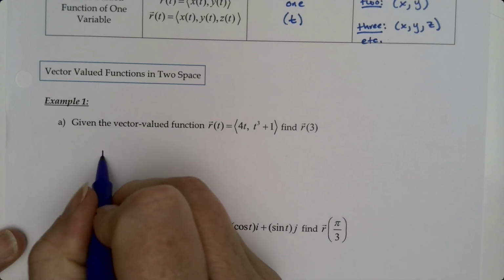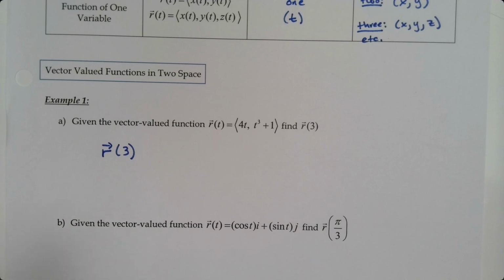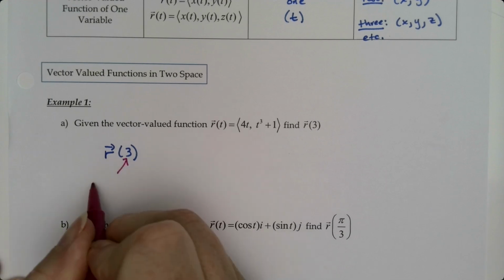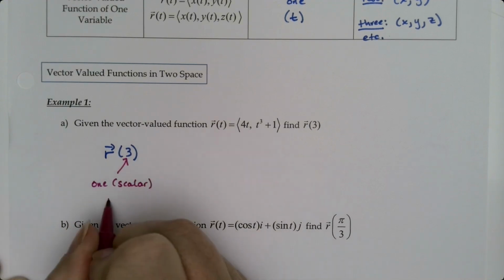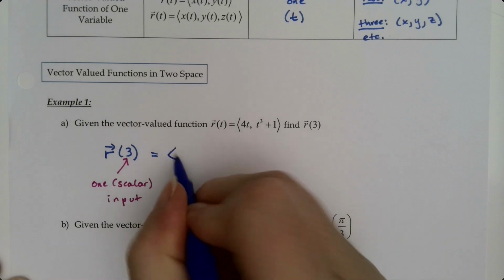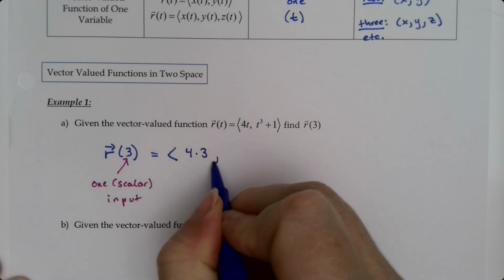Okay, so r of 3, we're going to put in one value as our input, and it's a scalar, right? So we're going to take one scalar input, and we're going to receive two outputs, because wherever there was a t, I'm going to put 3.